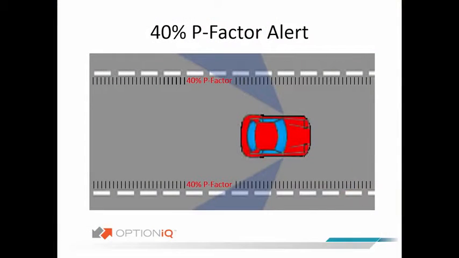Because of that experience, as I was thinking about Option IQ and how we help you manage your risk, this idea of the rumble strips just kind of came to mind. I thought it was a really good analogy. Everybody understands that rumble strips are on the outside of the lane, not on the inside. But with Option IQ, we actually put the rumble strips on the inside of our trade's lines, or trade boundaries.